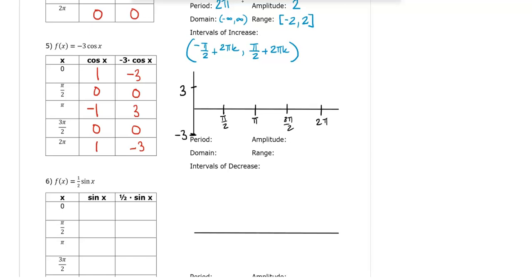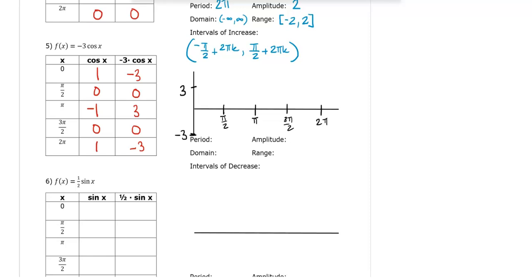Here's the thing though: with all of these, you're not always going to be given a table to fill in. The reason I know it's these values is because I've not changed my period in any way, shape, or form. I've not changed my graph right or left or anything like that. All I'm doing is just changing my amplitude, how high or how low it goes. So I'm just going to use these values that are given to me.